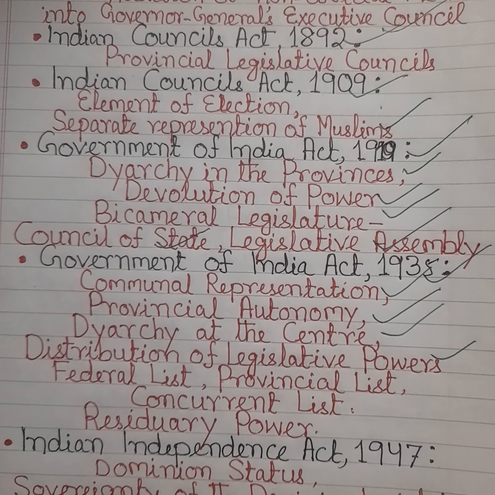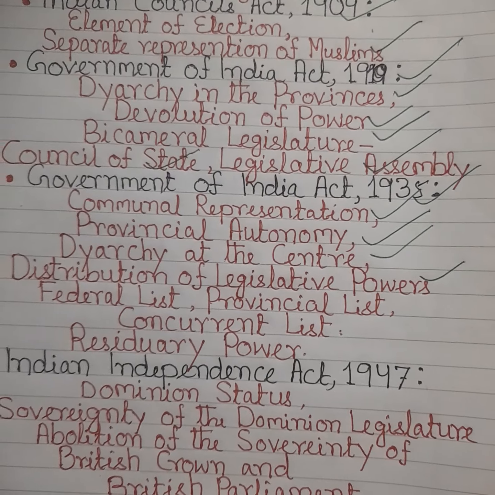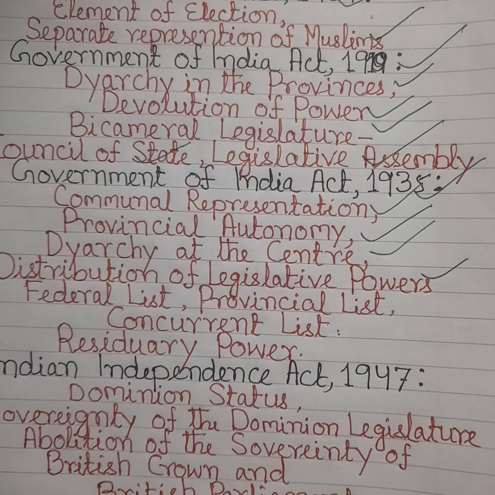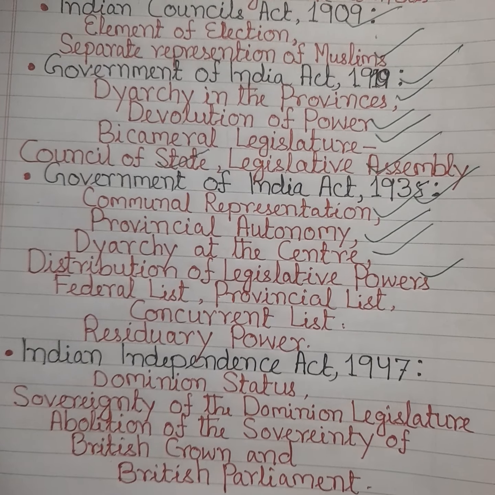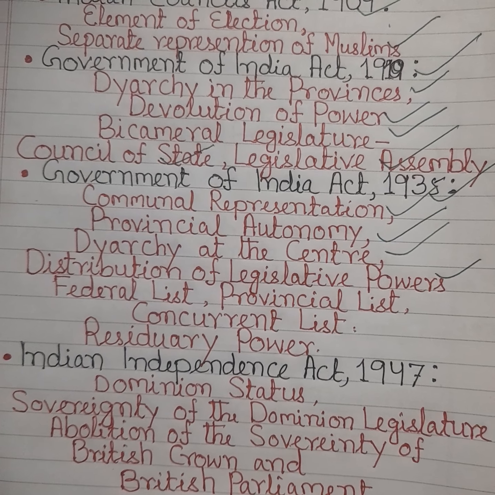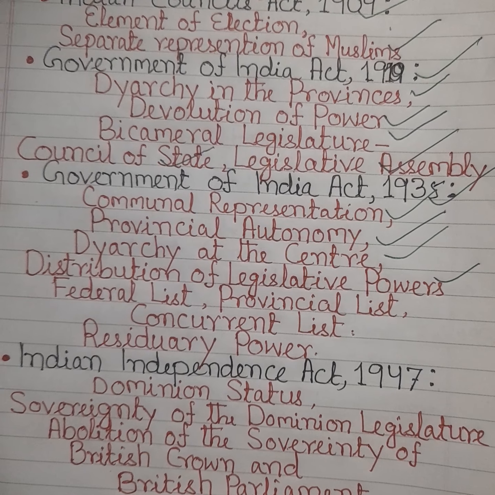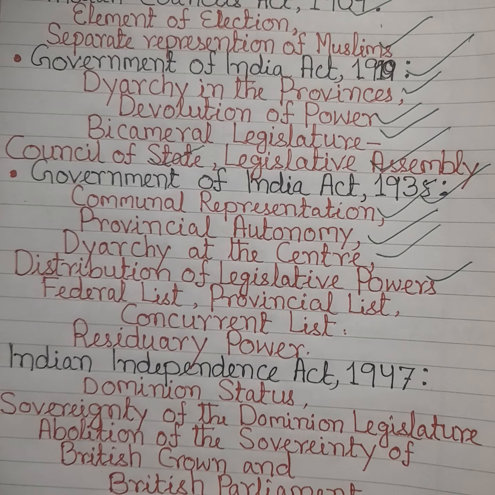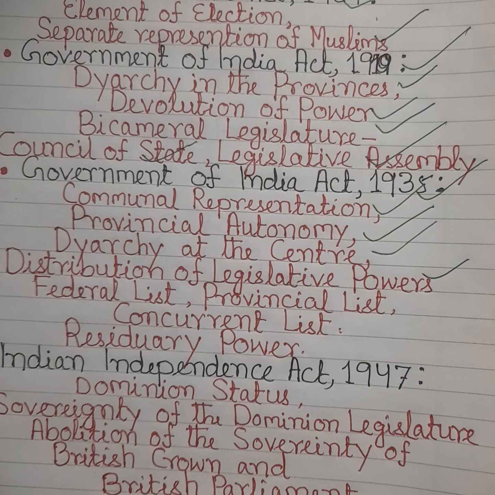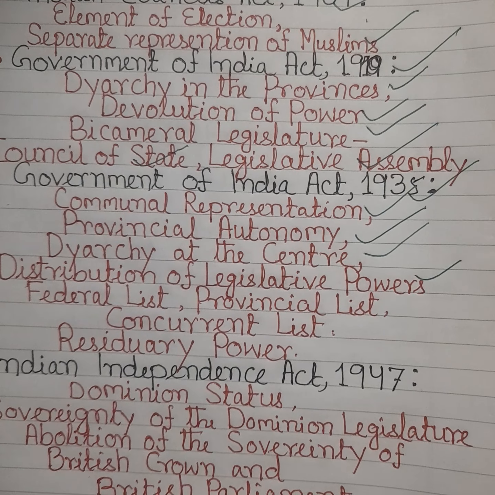There was a federal list over which the federal legislature had exclusive powers of legislation, and this list included matters such as external affairs, currency and coinage, naval, military, and air forces, also census.